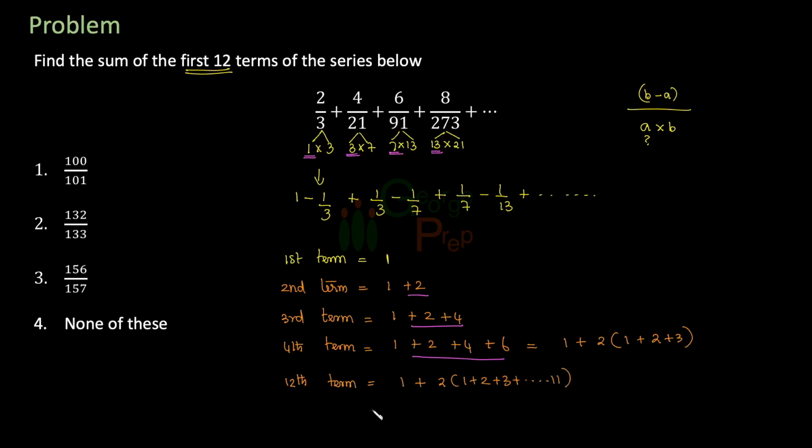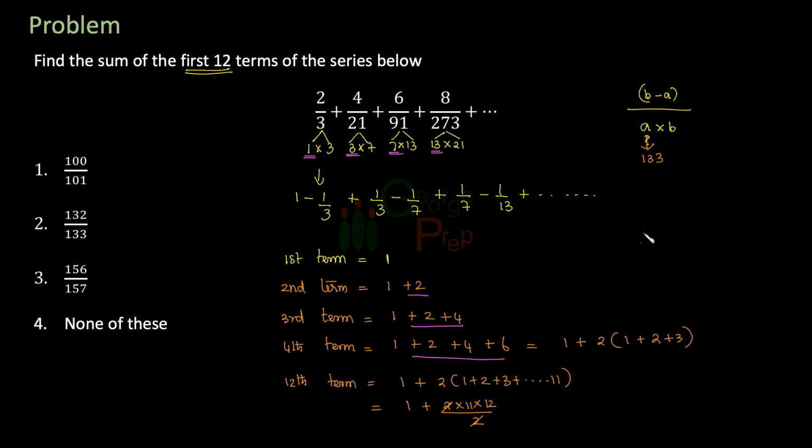Till 11, right? So that will be 1 plus 2 into the sum of the first 11 natural numbers, that will be n into n plus 1 by 2. So I can write it as 11 into 12 by 2. So I can cancel these two. 11 into 12 is 132. 132 plus 1, 133.